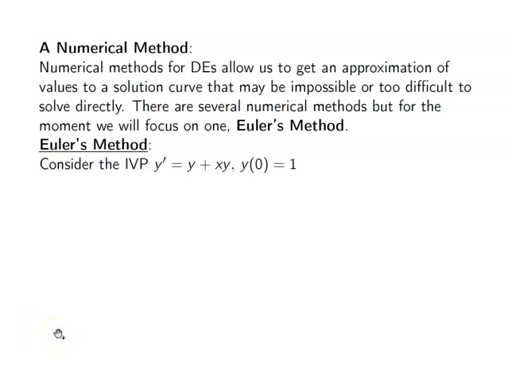Like we were doing before with the direction field, I'm going to start off by plugging in my initial condition into my differential equation. So I know that the point (0, 1) is on my curve. If I know that, and I have an equation for the derivative, I will plug these values for x and y in so that I know what the rate of change is at my starting point.